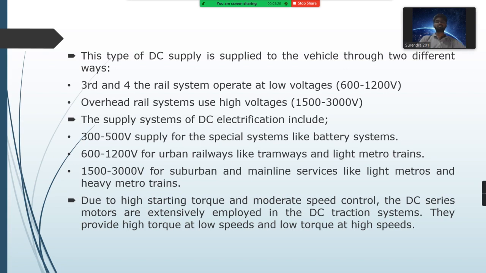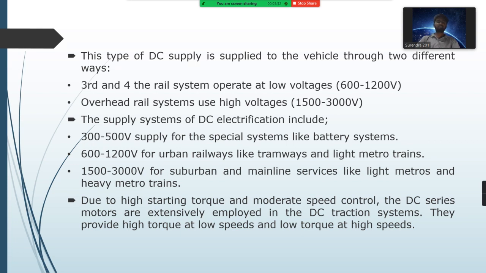The supply systems of DC electrification include 300 to 500 volts for special systems like battery systems, 600 to 1200 volts for urban railways like tramways, light rail and metro trains, and 1500 and 3000 volts for suburban and mainline services like metros and heavy trains.